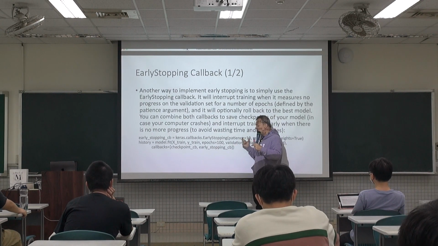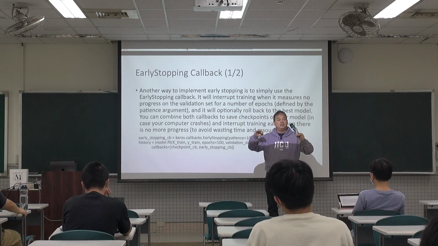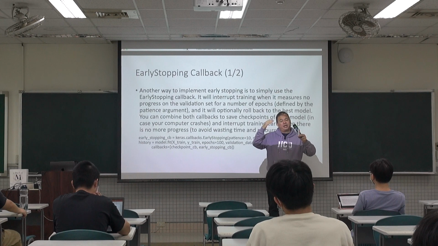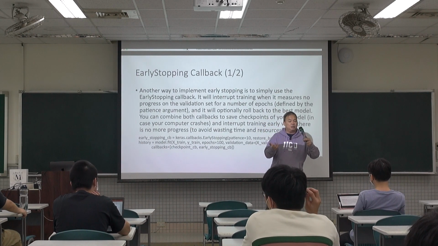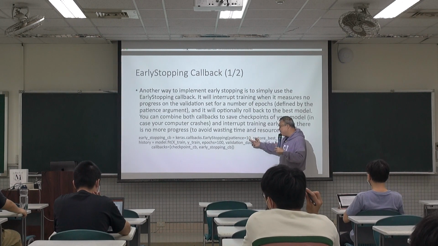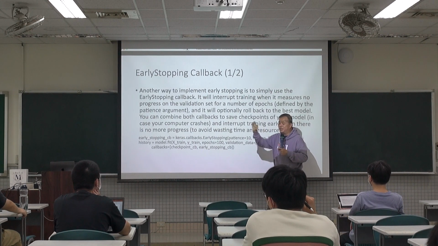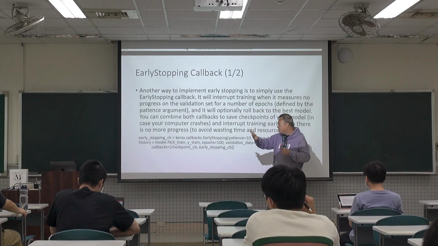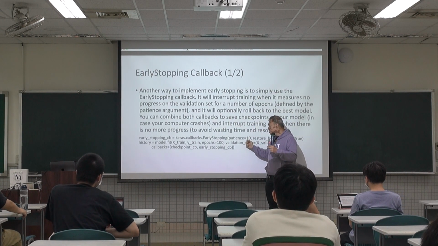This 10 just means you want to wait 10 more iterations to see if your validation loss will actually go lower than what has been recorded as the lowest. If that happens, you are obviously going to replace the best model with the even better one, and then recount that 10 times patience.